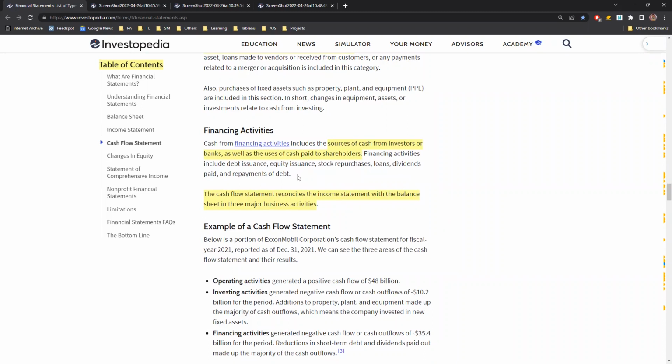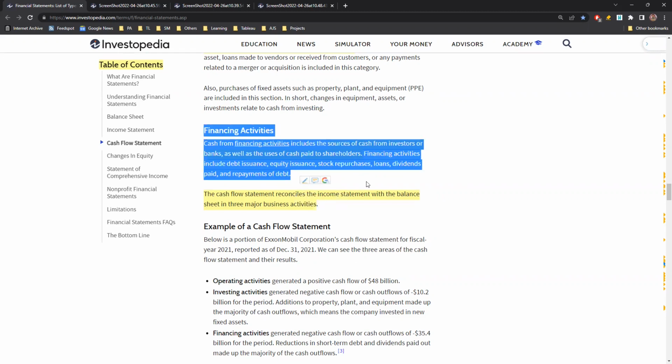That will be considered a cash in for your company in that period under the financing bucket. At the same time, if you are repaying a previous debt that you have taken, that is considered a cash out. If you are giving dividends to the existing shareholders, that is also considered a cash out. So these are all the activities under financing activities.